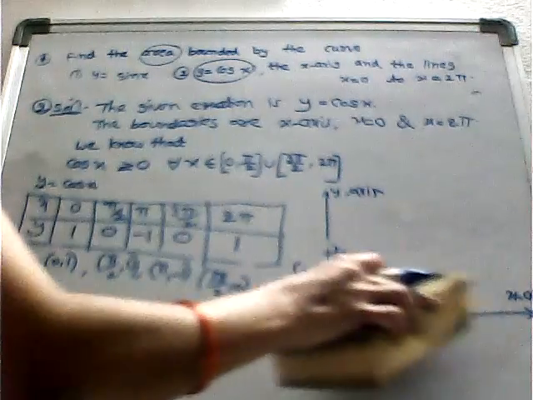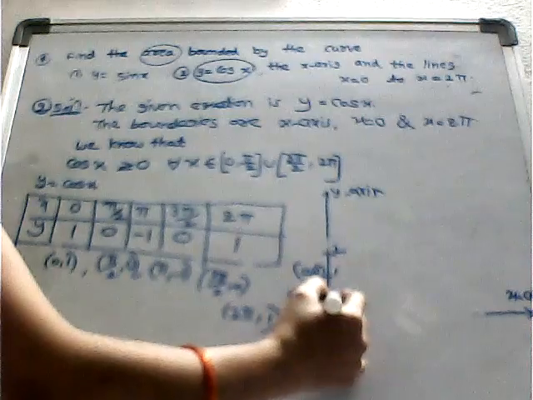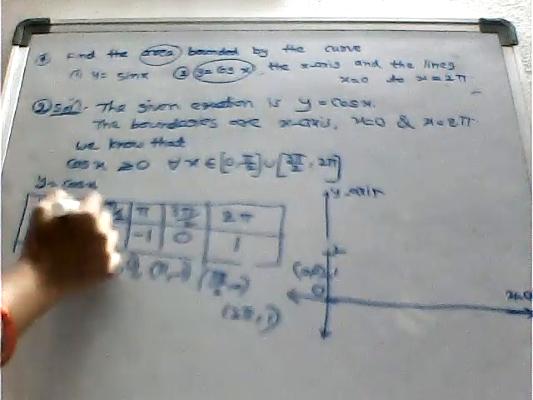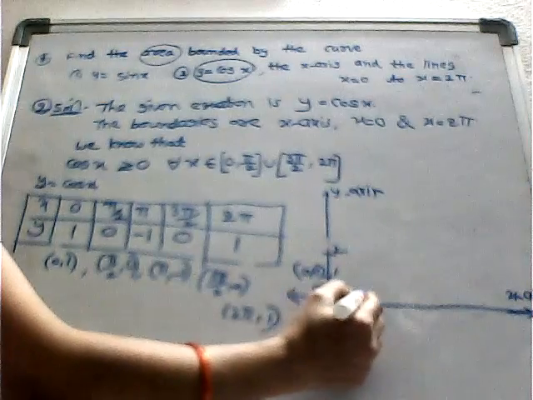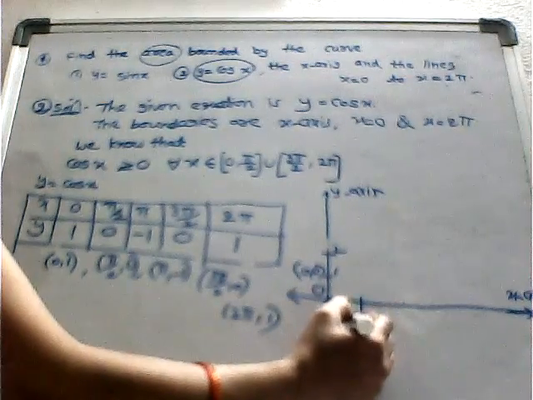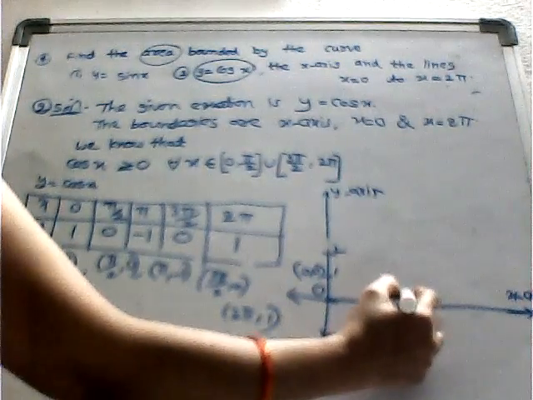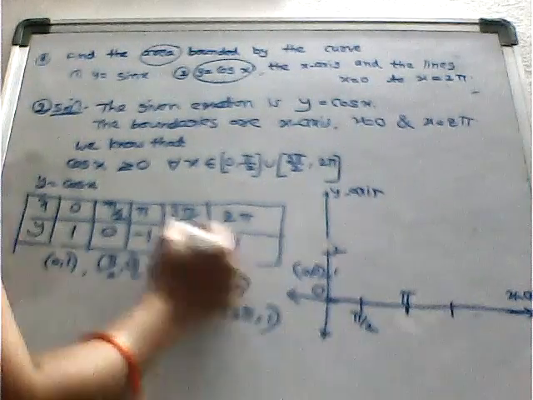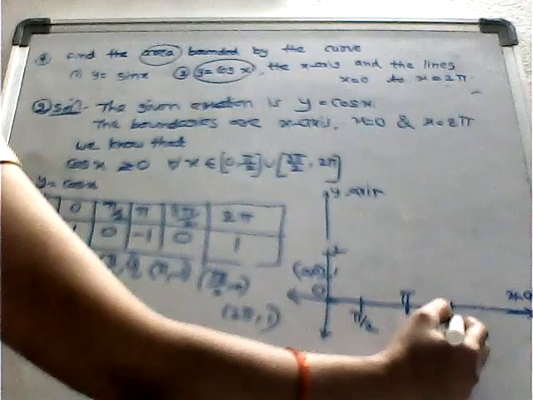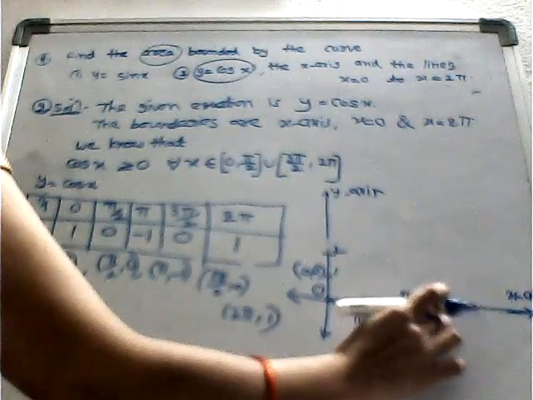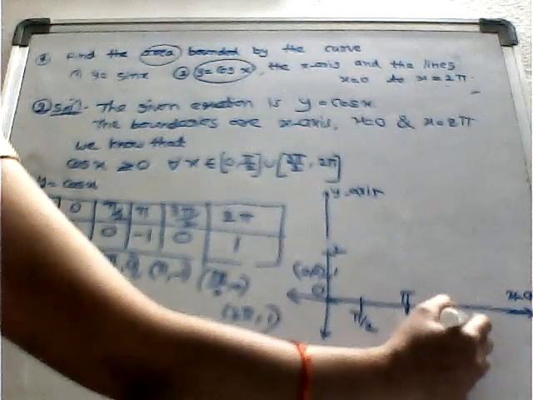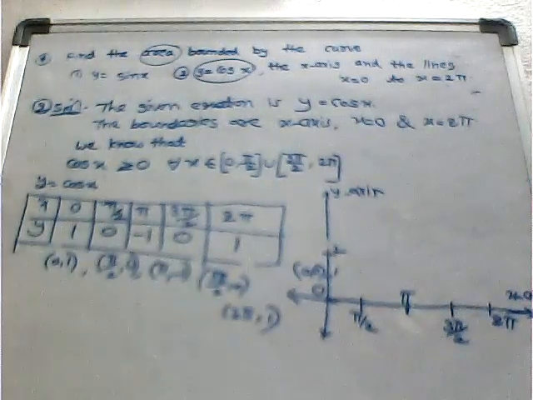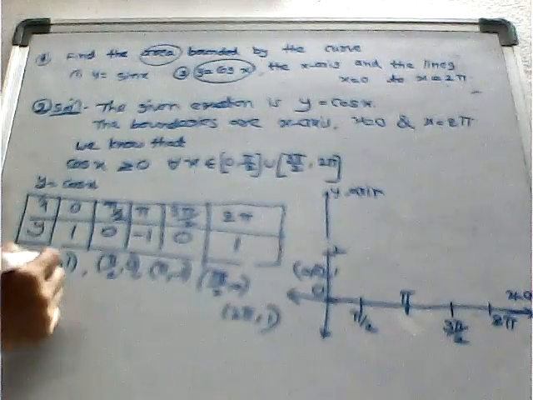Now take the values on the x-axis with the difference pi by 2: 0 to pi by 2, pi by 2 to pi, next 3 pi by 2.